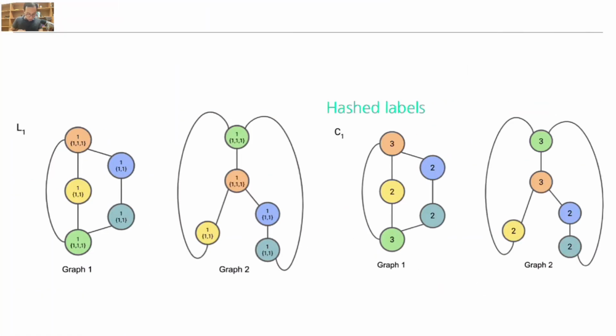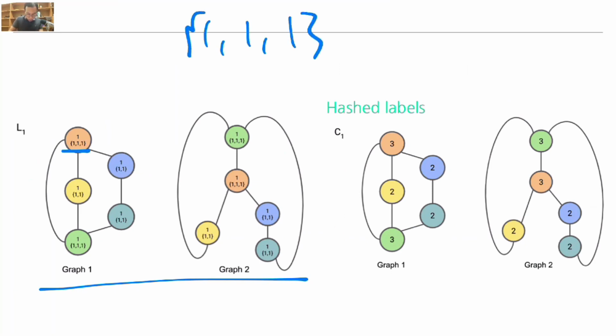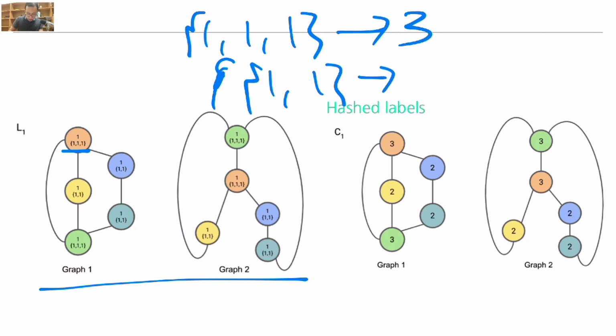And then, from the previous slide, we can hash the tuple 1, 1, 1. We assign a different ID because 1 was used in the previous iteration, and in this example the hash assigns something like this.